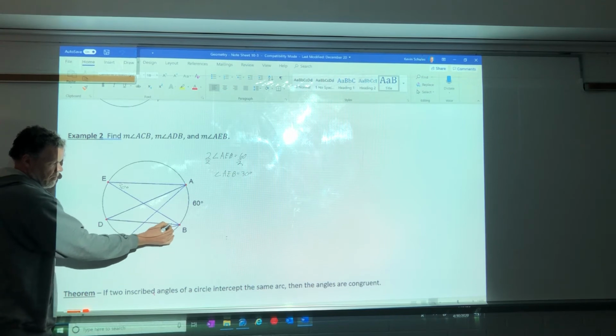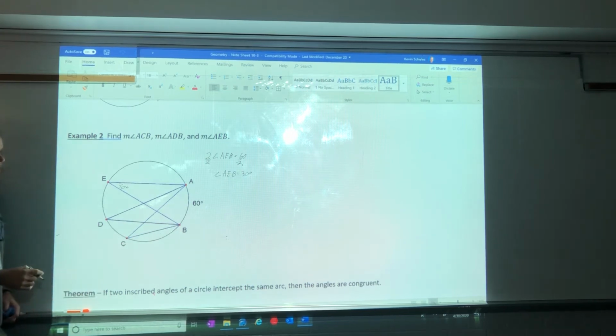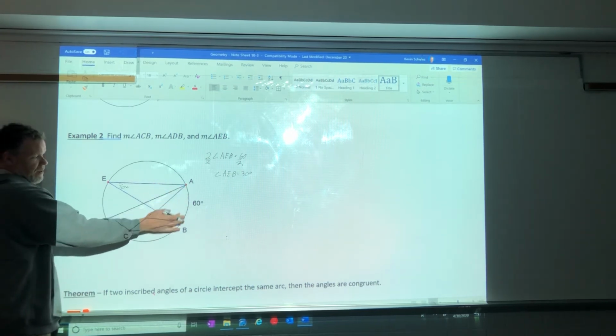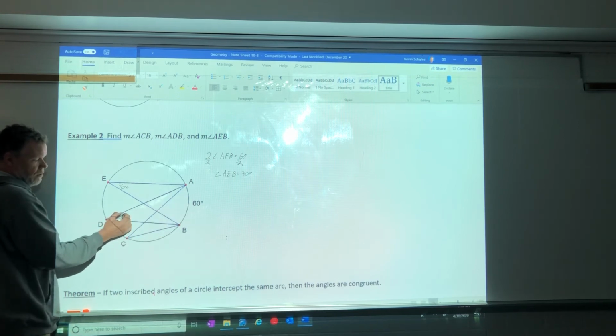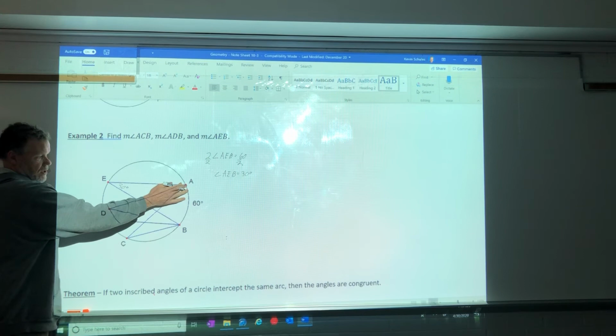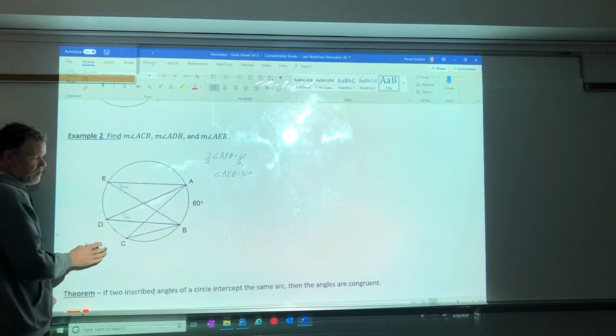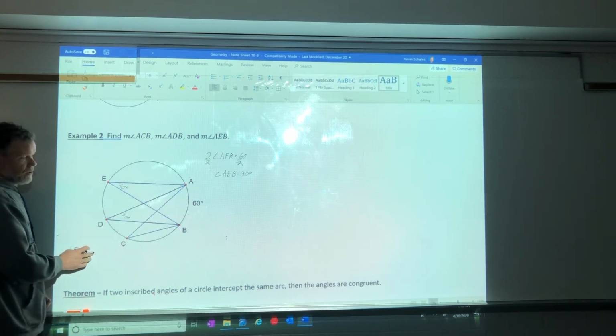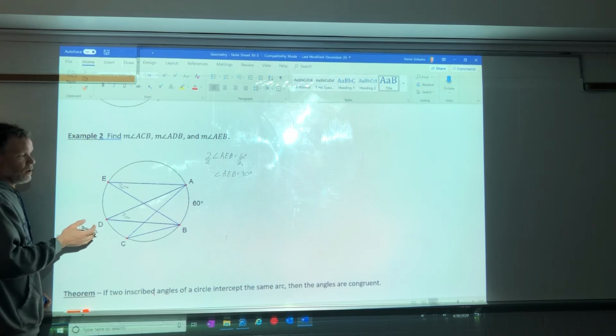Angle ADB, okay? Again, it intercepts the same arc. So this angle is also going to be 30 degrees. It's intercepting an arc that's 60 degrees. Okay? So again, the key thing I think here is looking at each one individually.